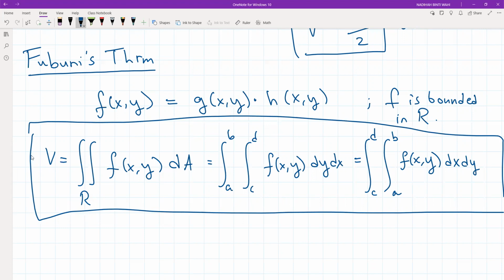Okay, any questions so far? No questions. Okay, and one more thing. The continuation of this Fubini's theorem. Let's say as long as you evaluate, you get a constant.